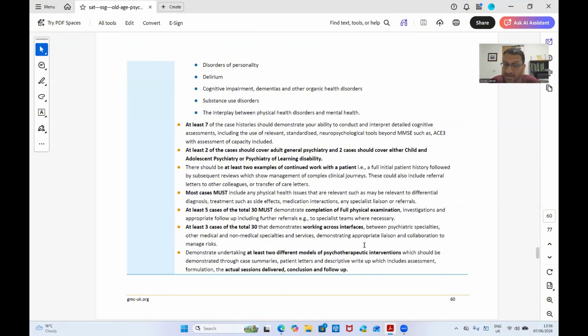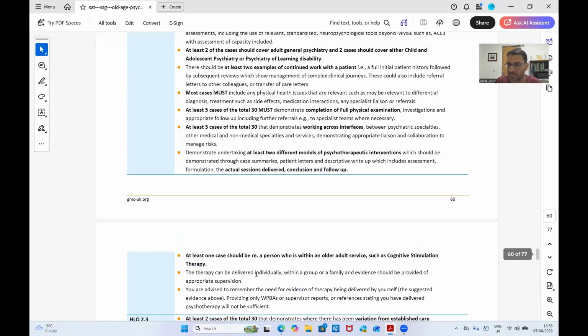But it's mentioned in the guidelines that at least one case should be regarding a person within an older adult service. So whether it is cognitive stimulation therapy or any other modality, one of those two cases should be in the older adult services. It has to be an older adult case for your psychotherapy.